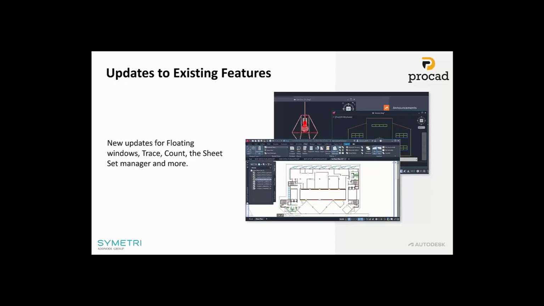If you need to swap back and forth between the two, I can now just click on either screen and easily get access to each drawing. There are a few other small changes to the trace functionality, count, sheet set manager, and more. So really just small updates, little improvements, mainly optimizations, speeding things up, and trying to remove any steps they would consider redundant.